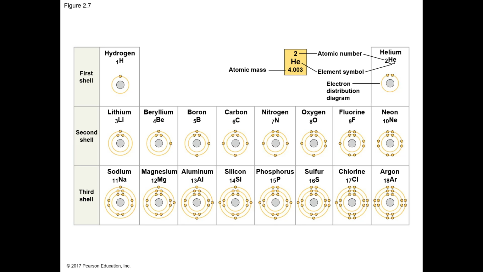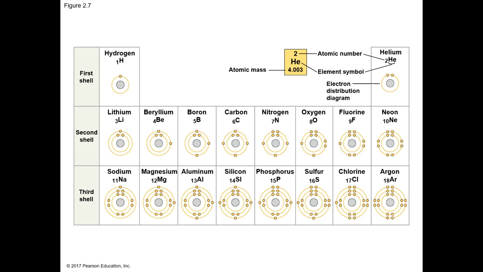And when you get to the third shell, now you have 2 inner shells that are filled. The first ring with 2, the second ring with 8, and then the third ring, the outermost shell, that now becomes the valence electron. So sodium has 1 valence electron, and magnesium has 2, and aluminum has 3, and so on and so forth. So what you see here is not only increasing numbers of protons as you go left to right across the table, and increasing numbers of electrons as you go left to right, but as you go top to bottom, you see that they have the same number of valence electrons.